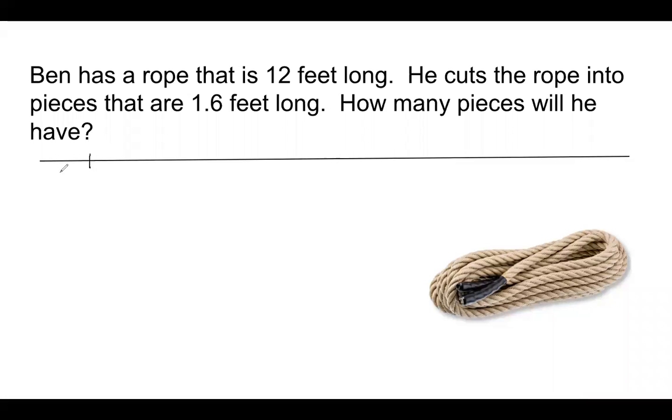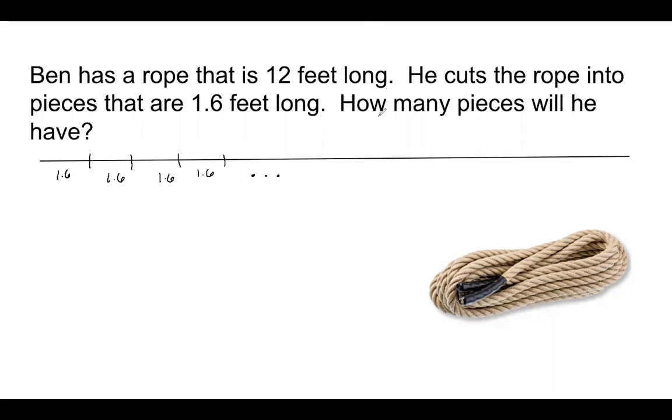So this first piece is 1.6 feet. And then this second piece is 1.6 feet. And then this third piece is 1.6 feet. So I'm cutting this rope into pieces. Okay, so my picture kind of gives me an idea, and we're going to keep doing this until we run out of rope. I want to know how many pieces he's going to have.